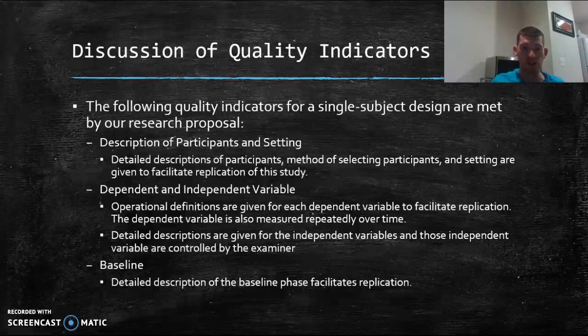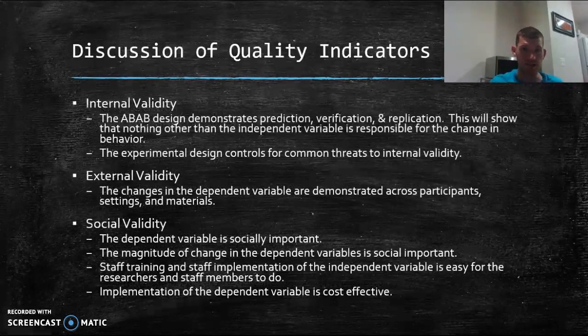Operational definitions are given for each dependent variable to facilitate replication. The dependent variable is also measured repeatedly over time. Detailed descriptions are given for independent variables, and those independent variables are controlled by the examiner. Baseline. Detailed description of the baseline phase facilitates replication.